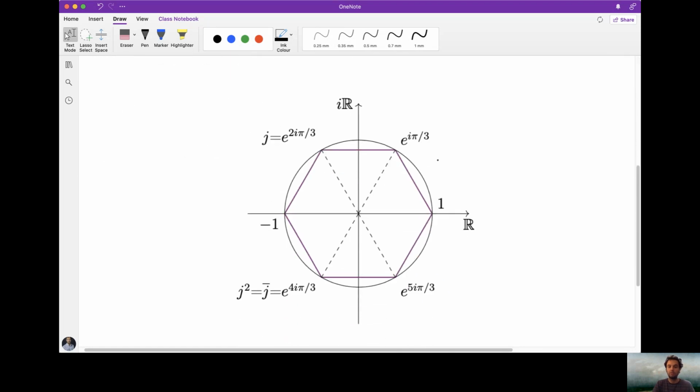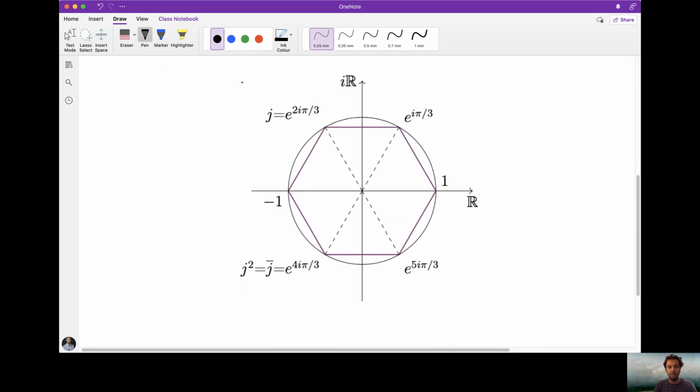Okay, to start with, let's look at an example. Here I represent 6 complex numbers, which are all the 6 roots of unity: 1, exponential i pi over 3, exponential 2i pi over 3, minus 1, 4i pi over 3, and so on. This is the set U6, and we're going to equip it with multiplication, so that this becomes a group.